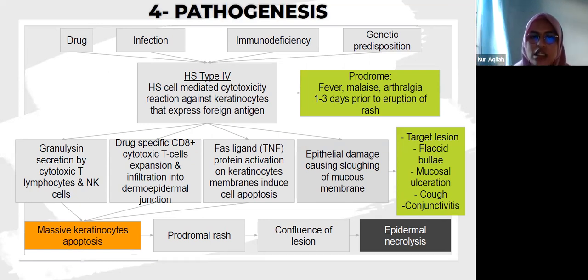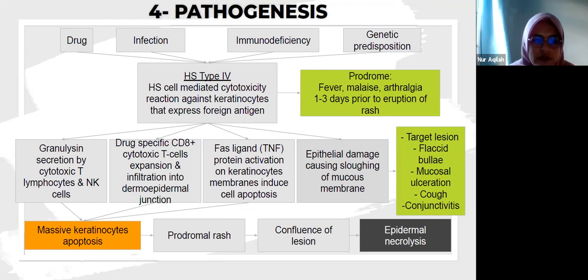When the hypersensitivity type 4 reaction is triggered, the patient will have the clinical manifestation of the prodrome. They will experience fever, malaise, and arthralgia 1 to 3 days prior to the eruption of the rash. Then the type 4 reaction will stimulate other mechanisms. The first is granulysin secretion by cytotoxic T lymphocytes and NK cells.